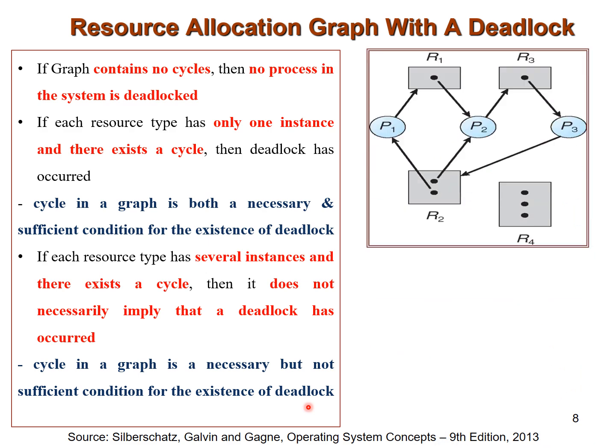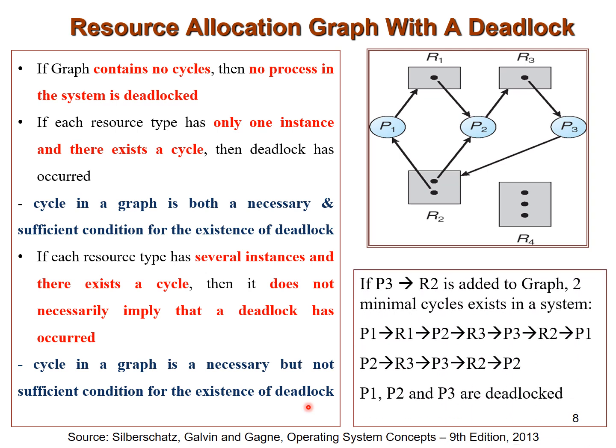For example, consider this resource allocation graph here. In case P3 makes a request to R2, we are adding this edge, and we can find some cycles in the same graph, that is, starting from P1: P1, R1, P2, R3, P3, R2, P1 is one cycle.